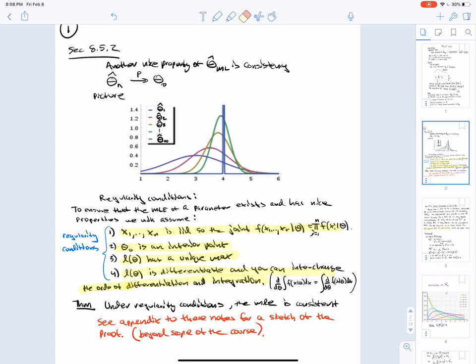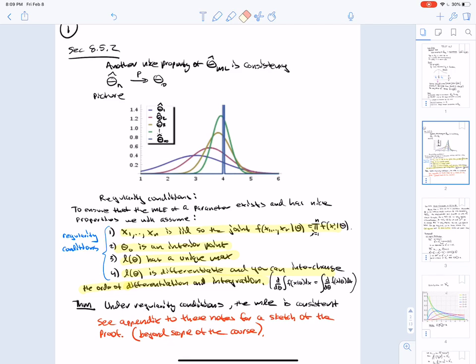Essentially, looking at the MLE for different size samples, the MLE is a random variable. If you allow x1 to xn to be random, every different sample that you get gives a different value of the MLE.